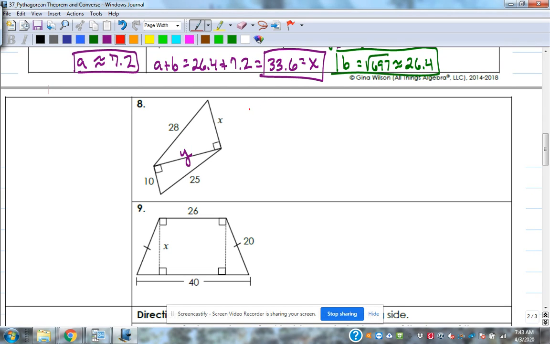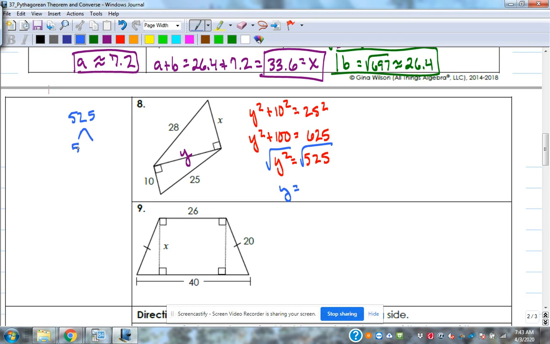So we're going to have y squared plus 10 squared is equal to 25 squared. 100, and then that'd be 625. And subtract, 525. And take the square roots. So 525 is divisible by 5, then 5, 25.